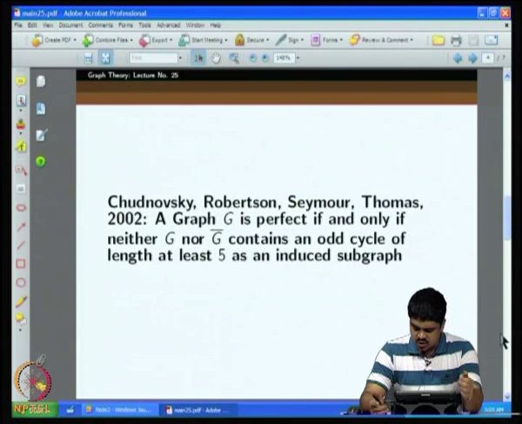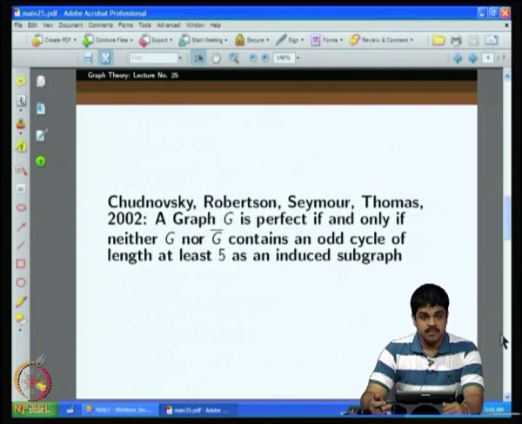Once the strong perfect graph theorem is known, that G is perfect if and only if neither G nor G bar contains an odd cycle of length at least 5 as an induced subgraph, it is clear that if G is perfect, G bar is also perfect.